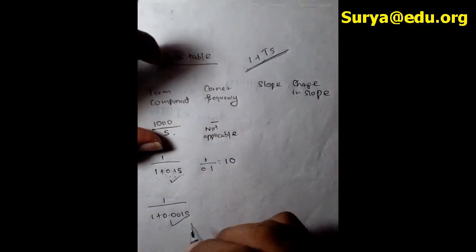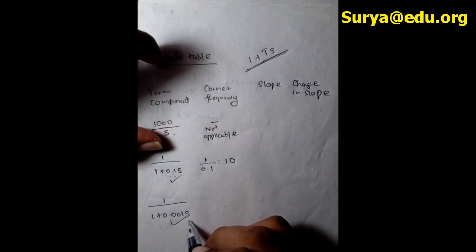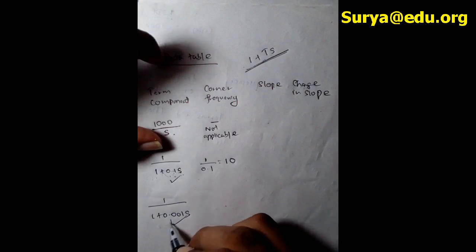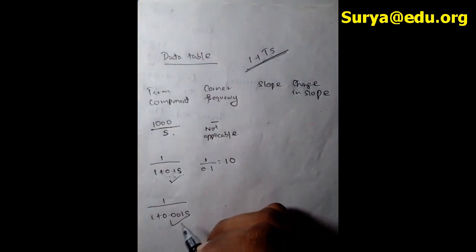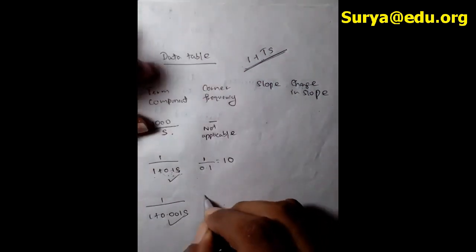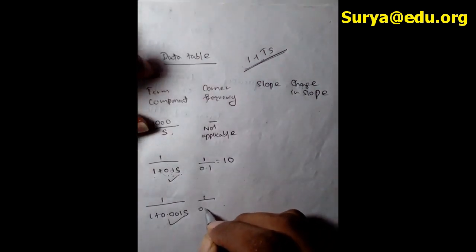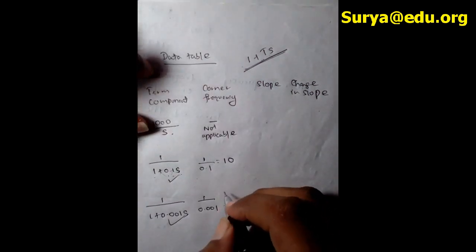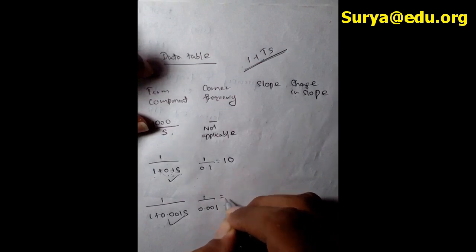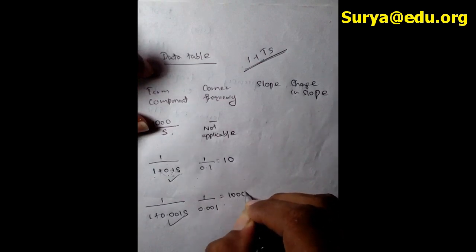Okay, so now here also you can see, what is the coefficient of s? 0.001. So that means 1 divided by 0.001, which will equal 1000, right?